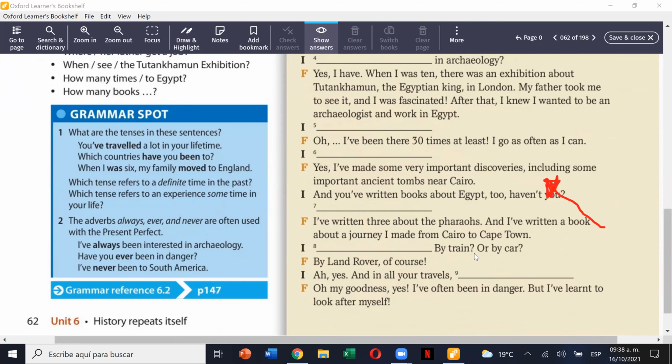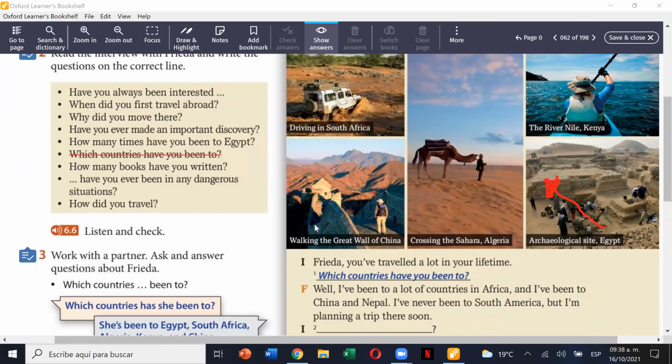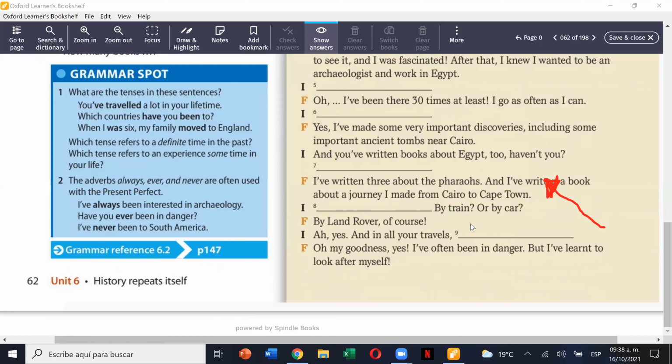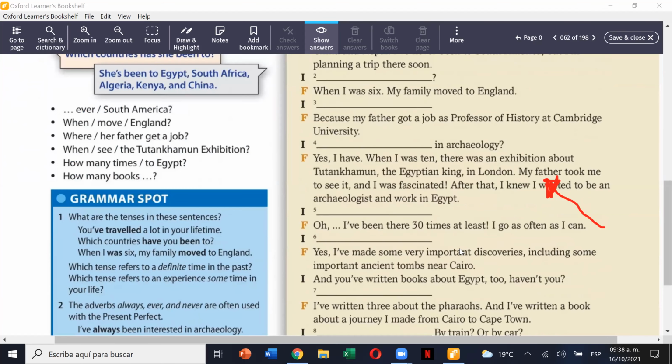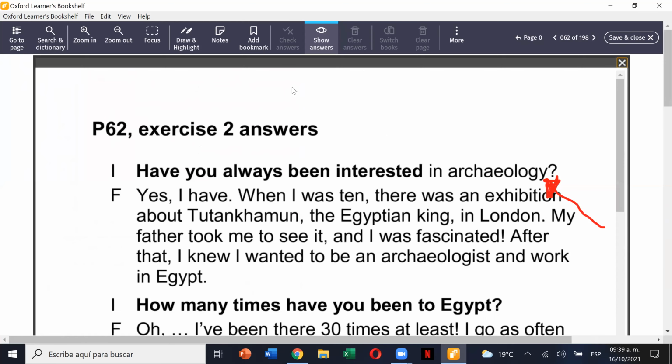By train or by car? How did you travel? And finally, in all your travels, oh my goodness, yes, I've often been in danger. So the answer: have you ever been in any dangerous situation?